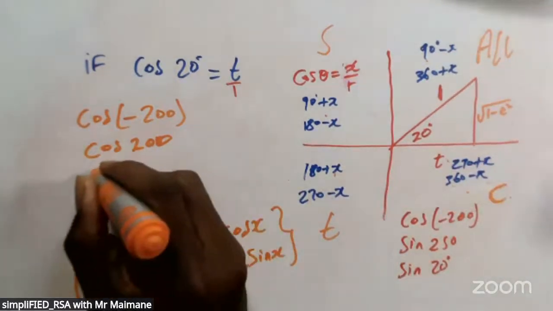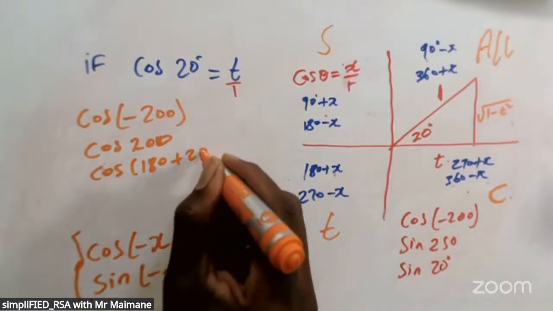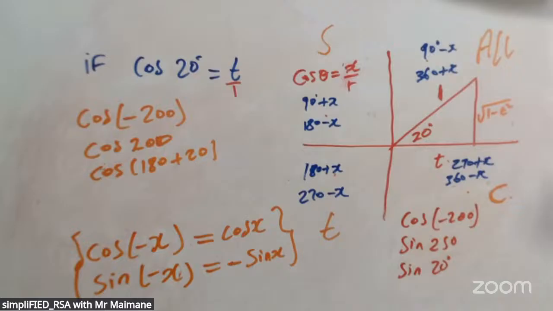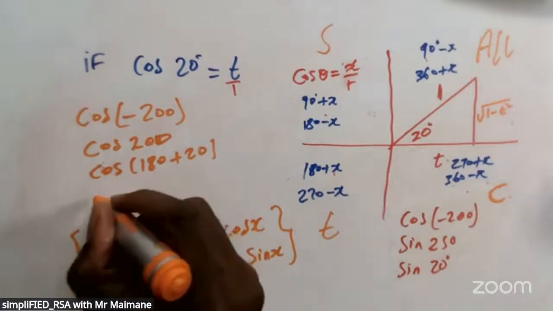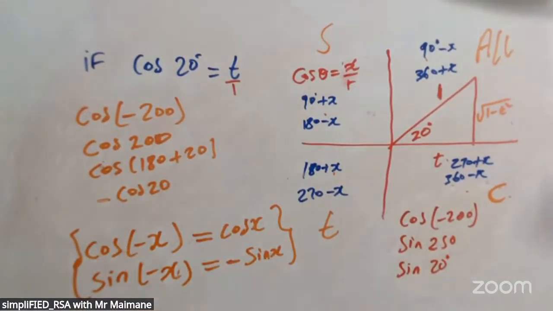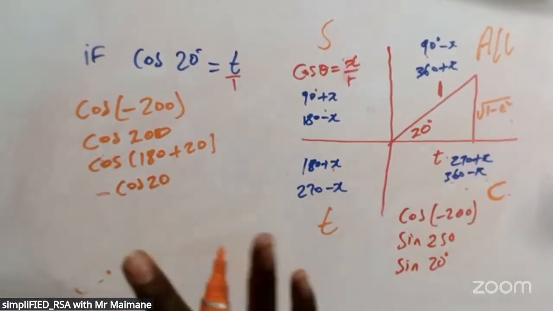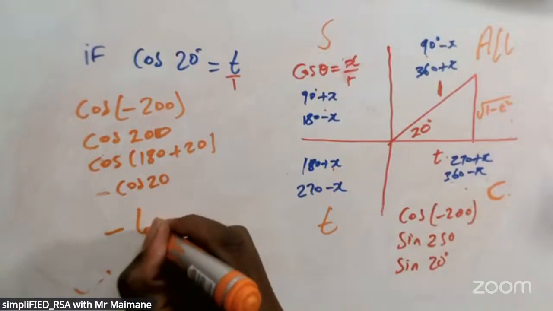So this would be cos of 180 plus 20. 180 plus 20, which quadrant is it? 3. Is cos positive there? No. So this would be minus cos of 20, which is negative t.